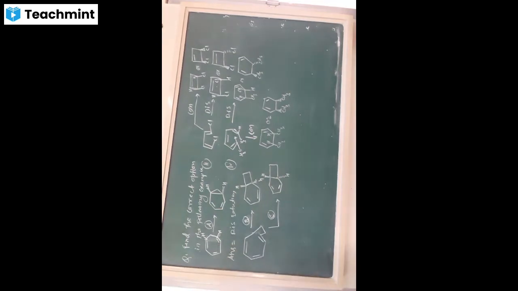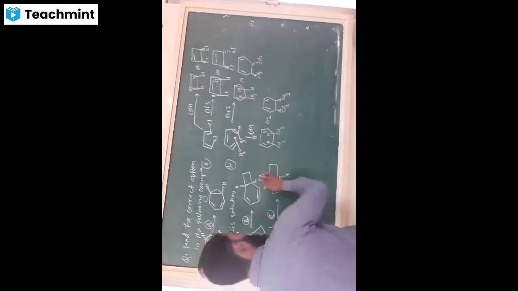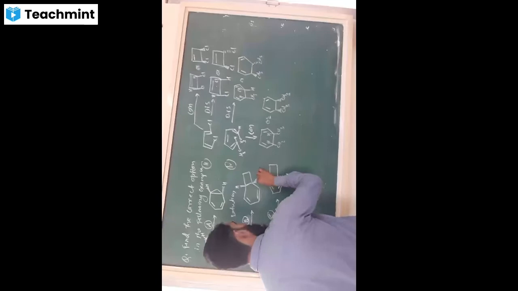Then what do you see over here? This hydrogen is on the right-hand side. Here this is the CH2, so here it has one hydrogen. So both the hydrogens are on the same side. In the product, they will appear on the same side.